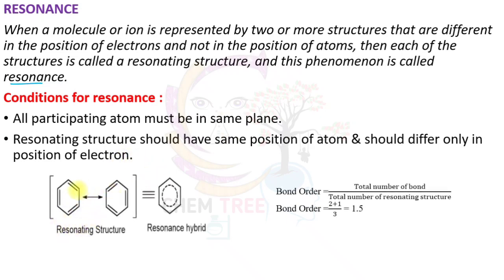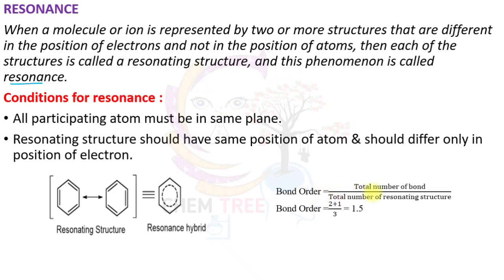For example, these two are the resonating structures of benzene, and this is the resonance hybrid. Here, the pi bond position will be different, or the pi electron position will be different. The position of carbon atoms will be the same. We can calculate the bond order for these resonating structures.